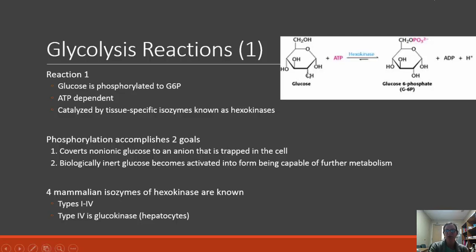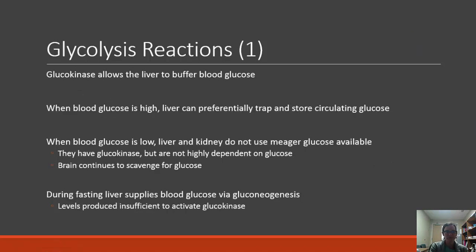Here we just have plain old glucose, but we saw even last week for glycogenesis, and on the last slide in glycolysis, that really our first step is converting glucose to G6P, because it's this G6P that can then go to all of these different metabolic pathways. So we're activating it. We know that in the liver we have glucokinase, and that allows the liver to buffer the blood glucose, even though we don't have that ability.